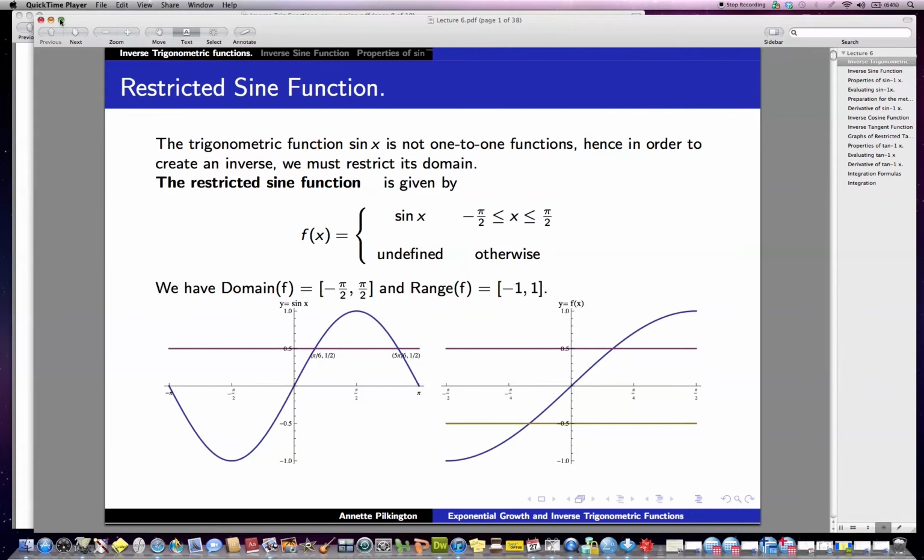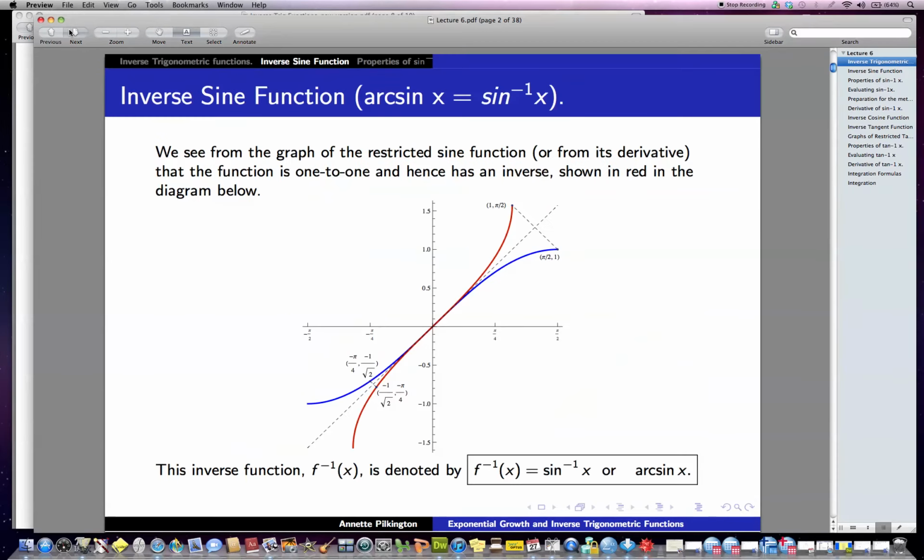Therefore, it has an inverse function, and we call that inverse function sine inverse of x, or arcsine of x, not to be confused with 1 over sine of x. Here in blue we have the graph of the restricted sine function, and we also have in red its reflection in the line y equals x, which is the graph of our new function y equals arcsine of x.